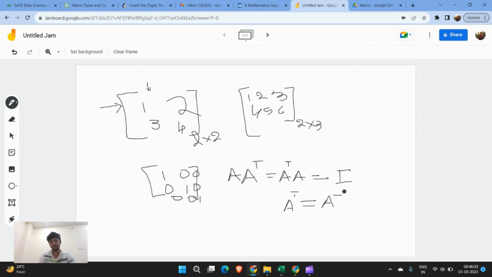So this property is very helpful in order to find the inverse of a matrix.